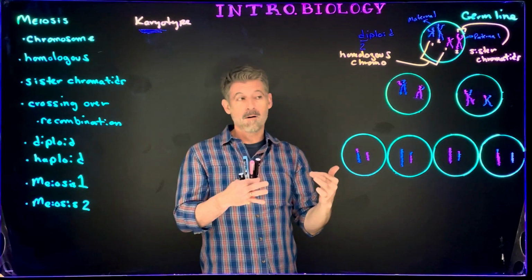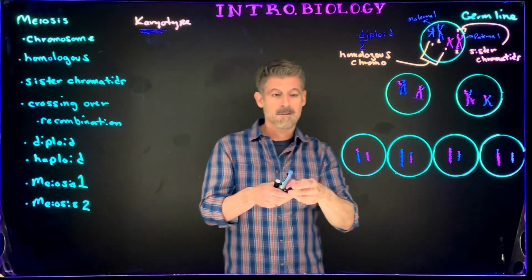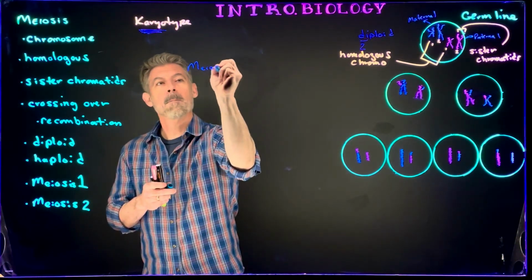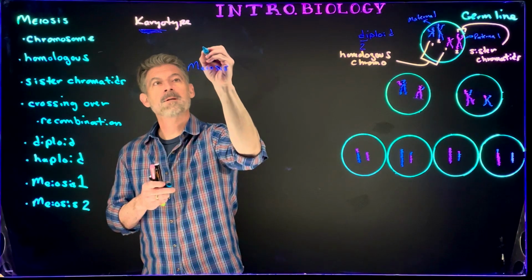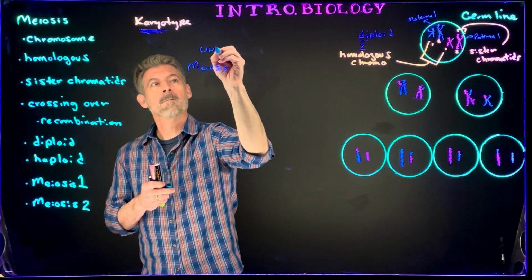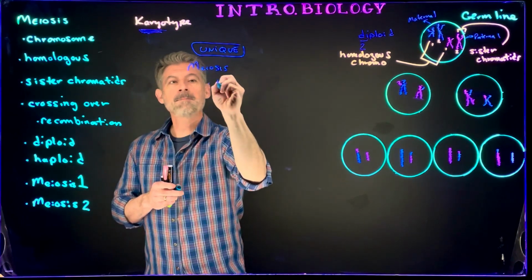So earlier on in meiosis, what happens is, these are things that are unique for meiosis.